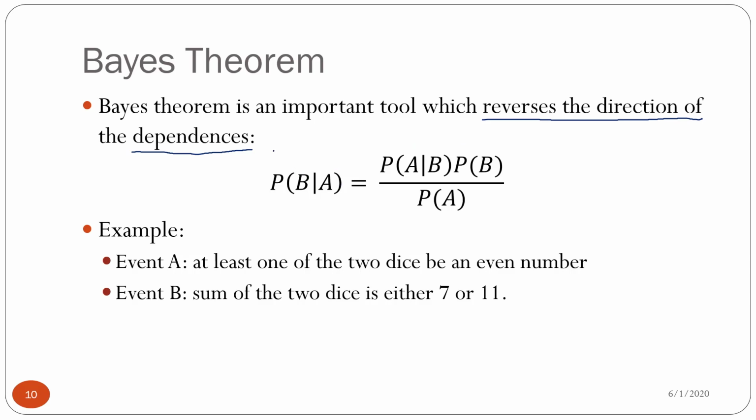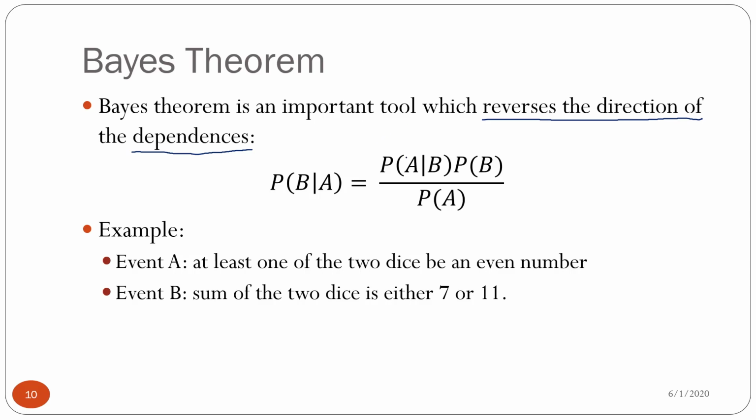One more time. Why is Bayes' theorem important? This is an important tool because we will use it to reverse the direction of dependence. If you have the conditional probability of A given B available to you, then using Bayes' theorem you can compute the conditional probability of B given A. How do you do that?